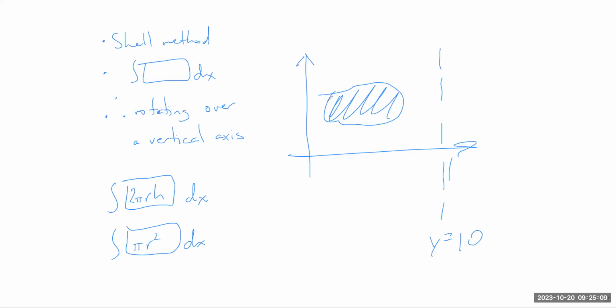vertical slices. What if I do horizontal slices like this? If I rotate these around y equals 10, what's that going to look like? That's a washer because I'm taking something very long. So if I rotate it from the outer radius and then the inner radius, then unlike the thing we just made, these are not thin shells.